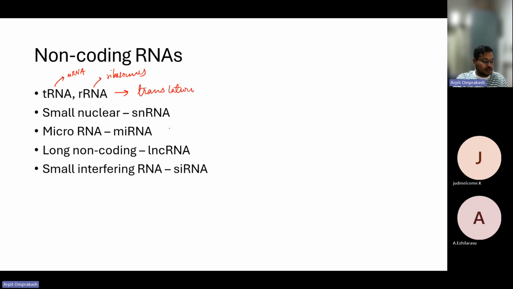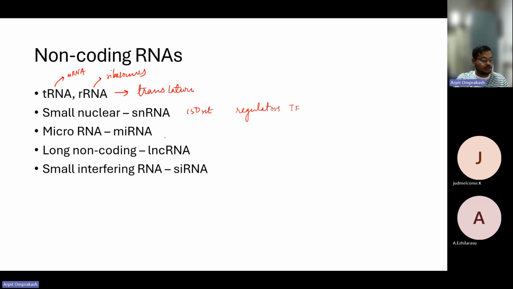Then we have small nuclear RNAs, which are around 150 nucleotides, and they regulate transcription factors.